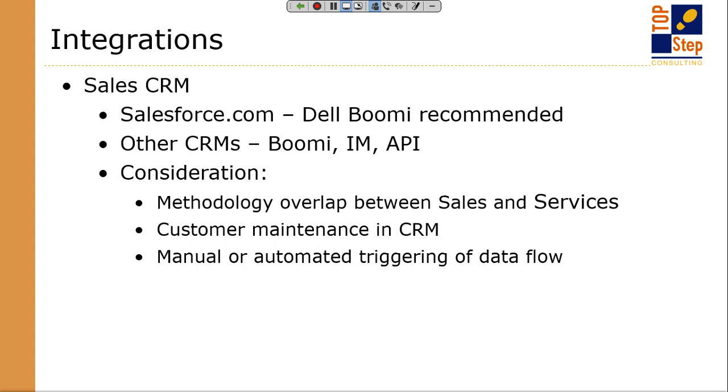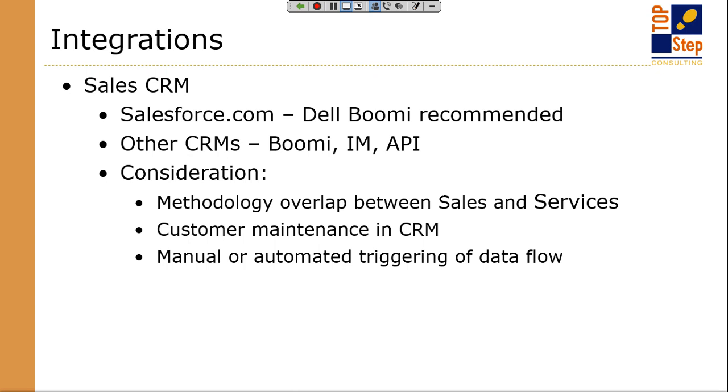if you do integrate with these sales tools, chances are your services organization, if you're using OpenAir, doesn't own the sales tool. And so are you going to be able to get the information that you need from that sales tool without actually having control of the sales tool? Will your sales organization have some flexibility to work with you in terms of getting the information in there that you need? Are you going to maintain customers in OpenAir, or are you going to maintain them in your CRM?